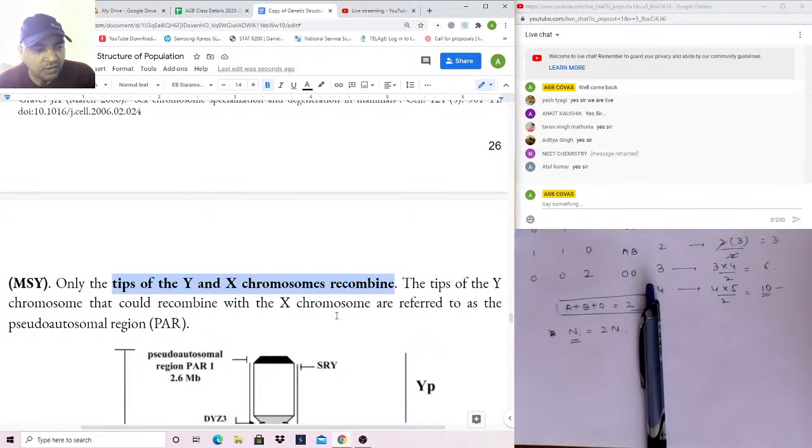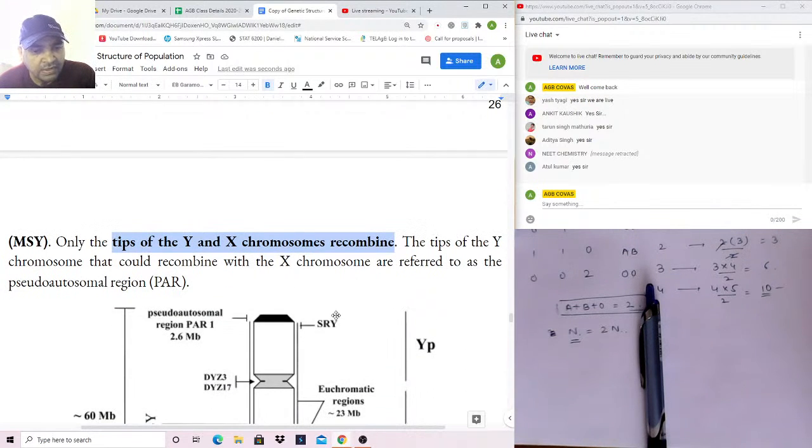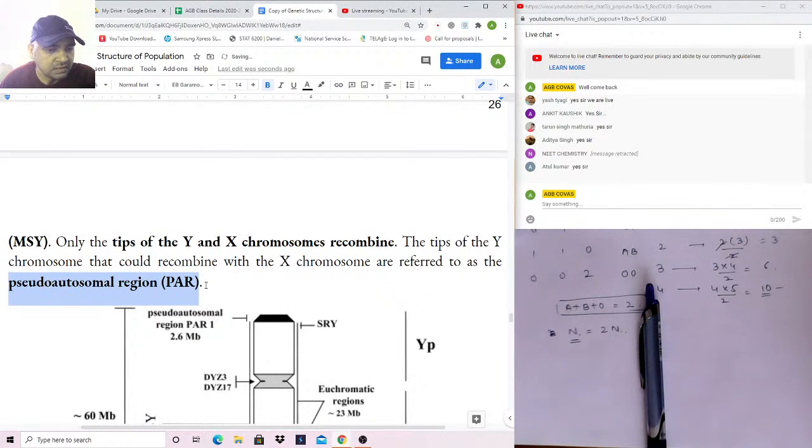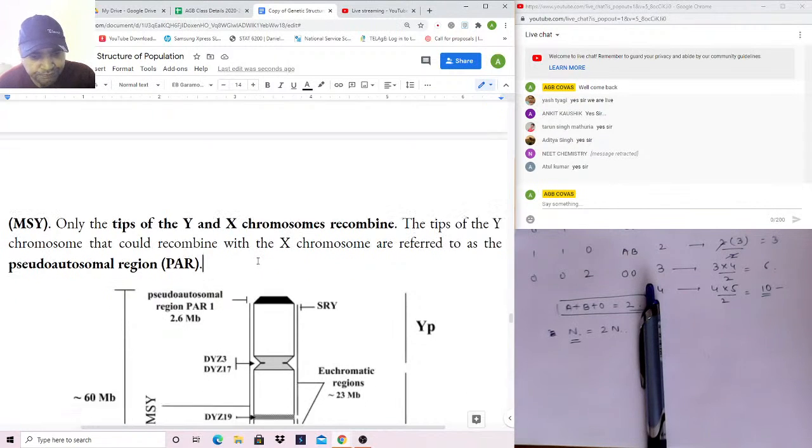The tips of the Y chromosome that can recombine with the X chromosome are referred to as the pseudo-autosomal region. Why am I telling you this? Because this is generally asked in competitive examinations. If somebody asks whether there is recombination between the Y and X chromosome, of course there is, but only in the 5% region, and that too in the pseudo-autosomal region, known as PAR.